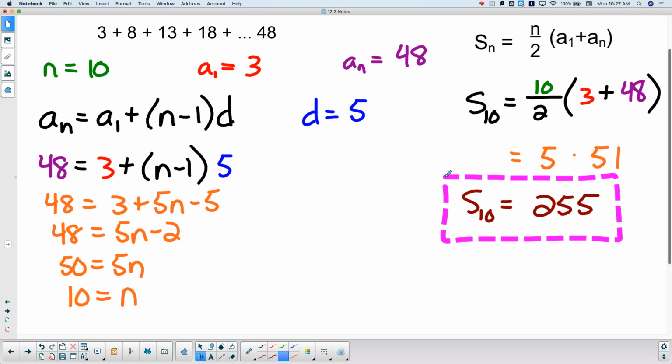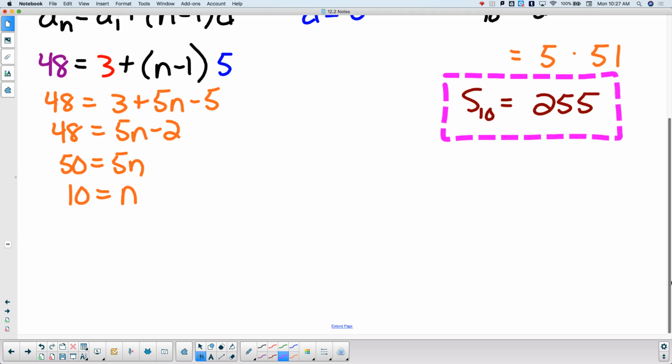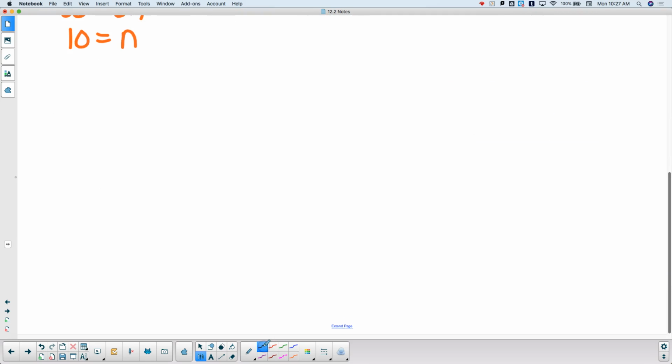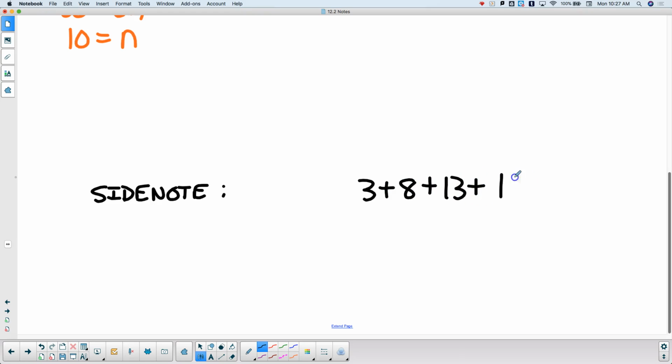Now in the last class, they asked, why is it n divided by 2? And the reason is this. You don't have to write this down if you don't want to. If I started with 3 and then added 8 and then added 13 and then added 18 and then added 23 and then added 28, we'll stop there with the first 6 terms of the sequence.